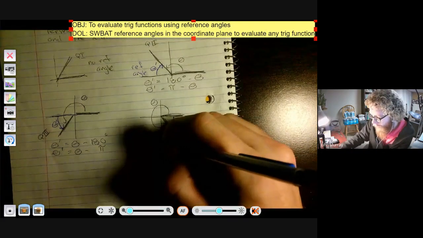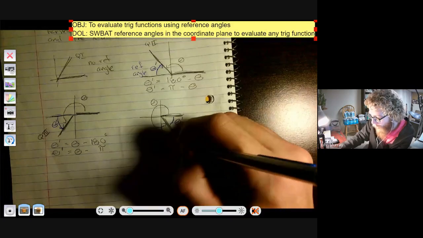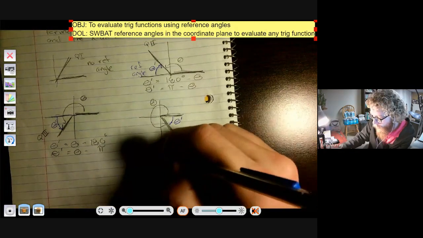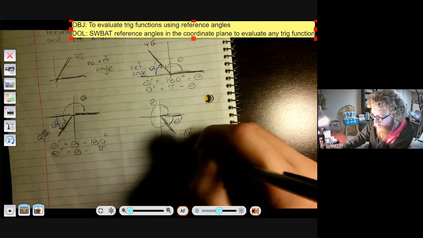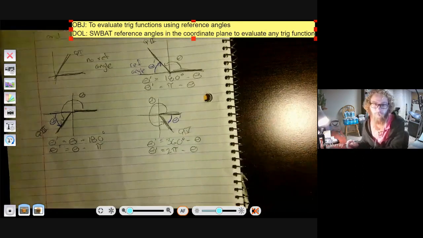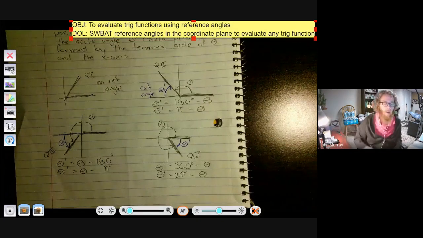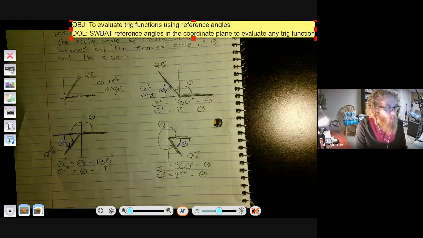Instead of subtracting from 180, we're going to subtract from 360, or 2 pi. And so there we have all the situations and how to find our reference angle.